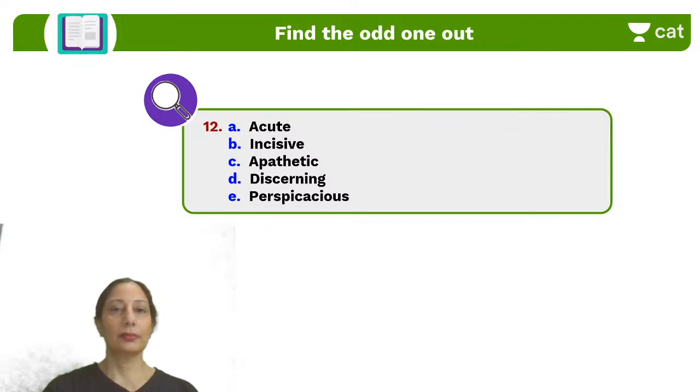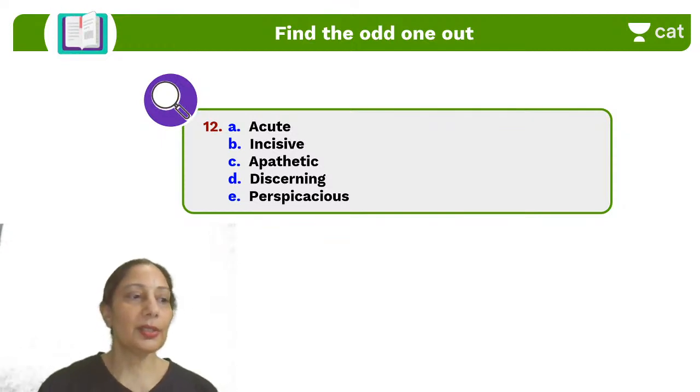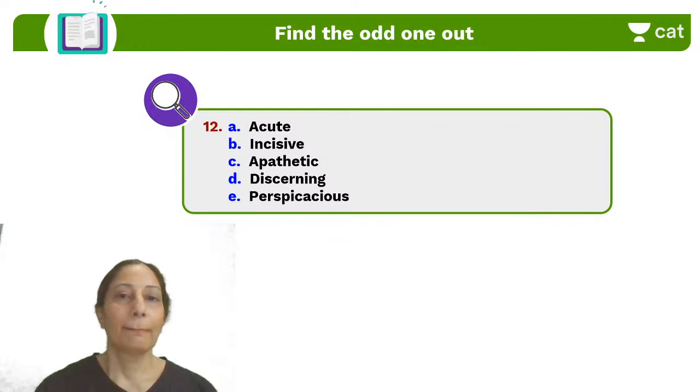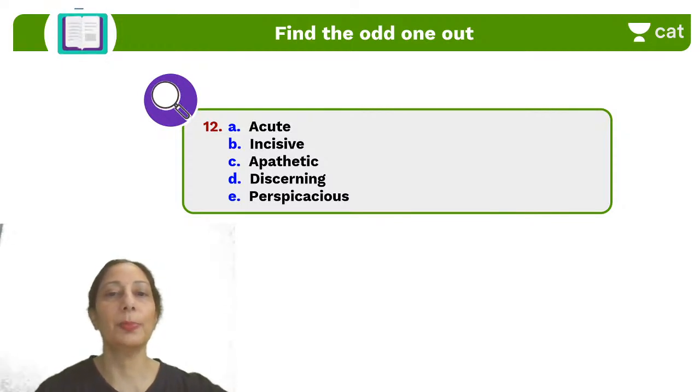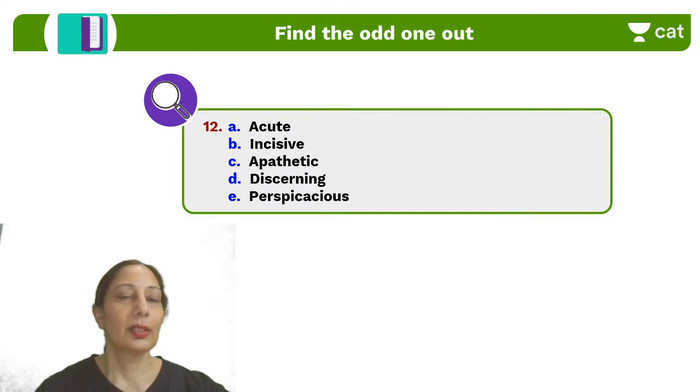Yes. Waiting for the answers to come up. What is the answer, guys? Acute, incisive, apathetic, discerning, perspicacious. Discerning is same as perspicacious.